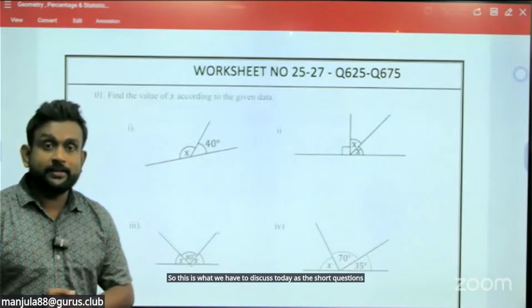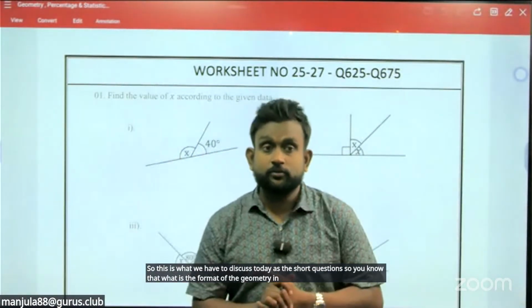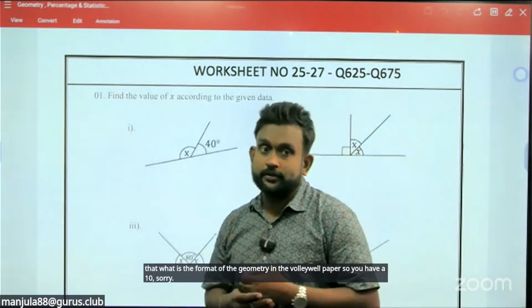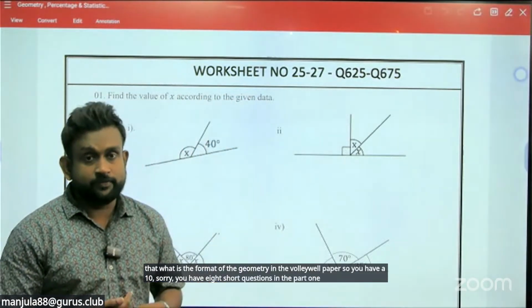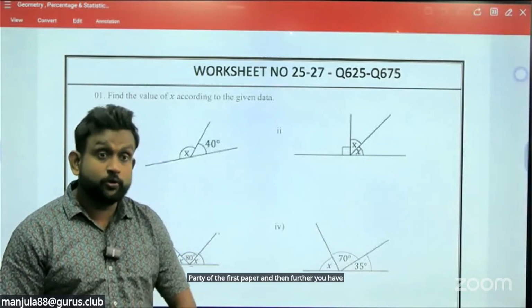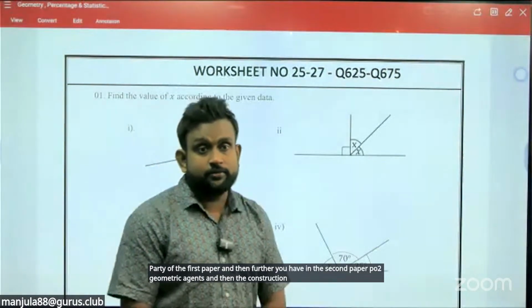You know the format of the geometry in the O-level paper. You have 8 short questions in Part A of the first paper, and further, in the second paper, Paper 2, geometric questions and then the construction questions.